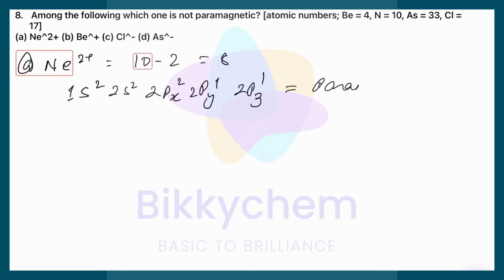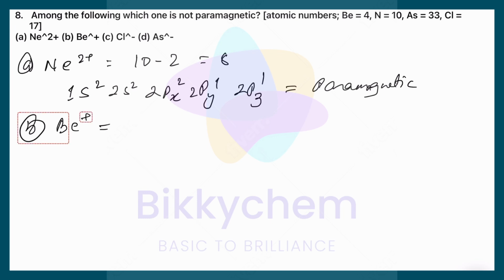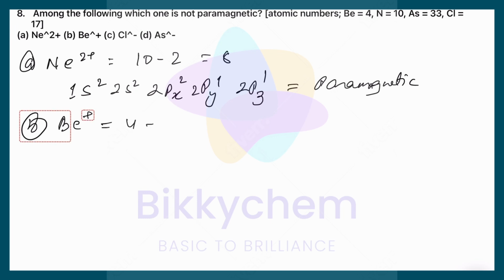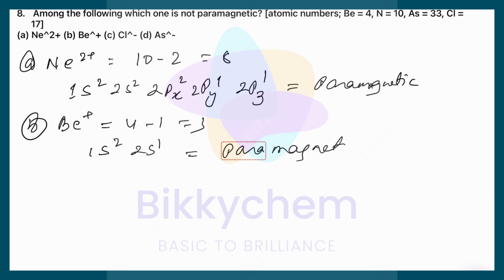It's paramagnetic. B is Be plus, the value of Be is 4, minus 1 is 3. So the electronic configuration will be 1s2, 2s1. So it is also paramagnetic.